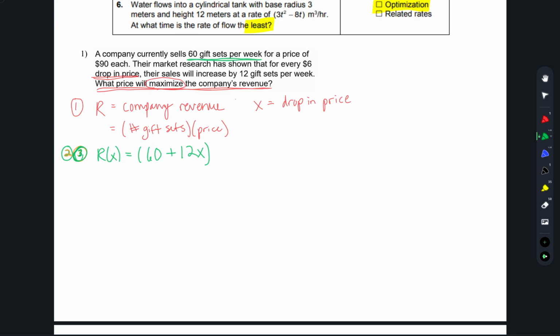And then for the price part of it, it's for sure $90, right? I'm for sure going to get $90 if I don't have a price drop. But if I drop the price by $6, it means I'm subtracting from that, right? 6x.